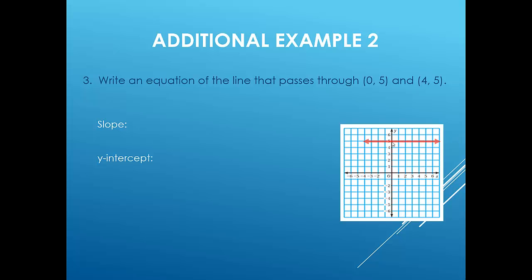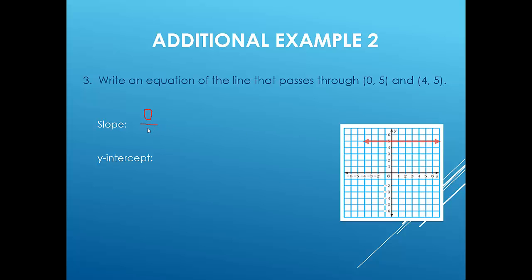For our slope, we didn't go up at all. We go just straight across. So we have 0 over. Our first point was at (0, 5), and our second was at (4, 5). So we're going to go over 1, 2, 3, 4 for (4, 5).